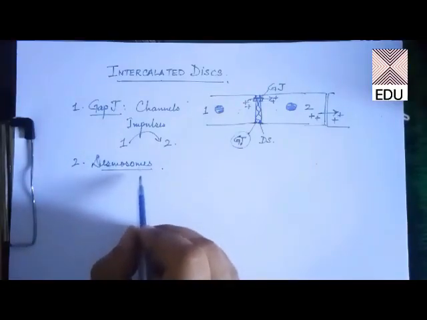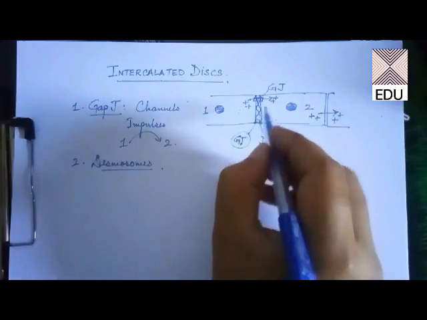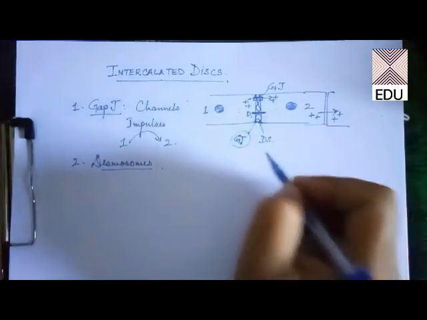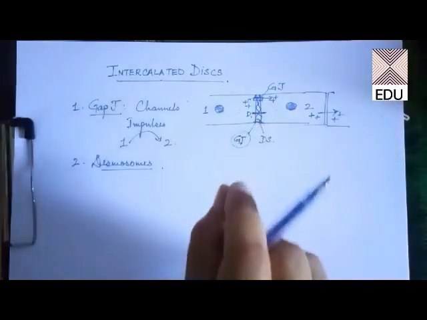Desmosomes are the cell structures that anchor the ends of the cardiac muscle fibers. If this is a desmosome, it is like fixing these two cells in this place.